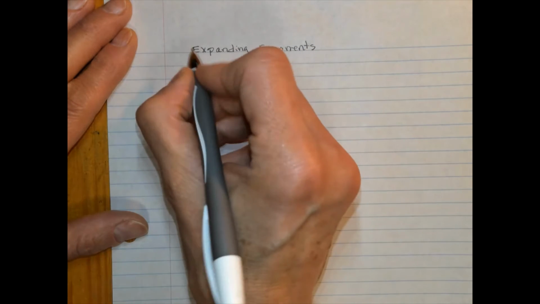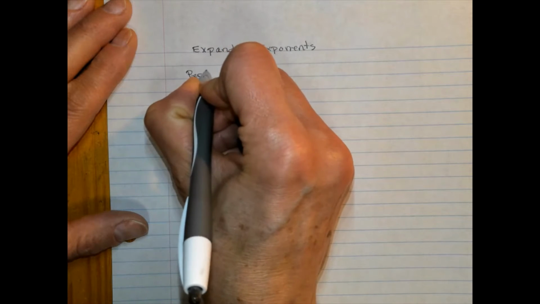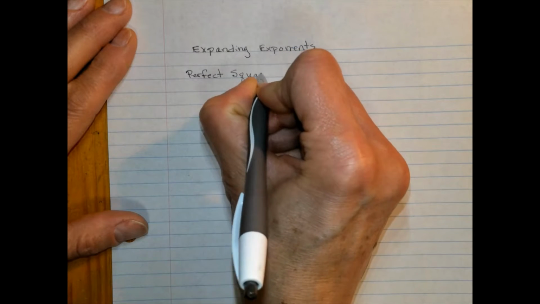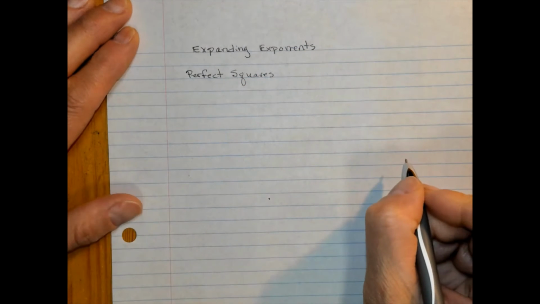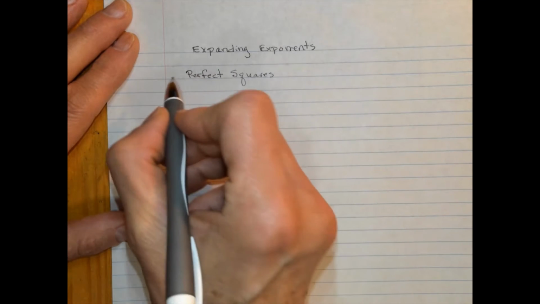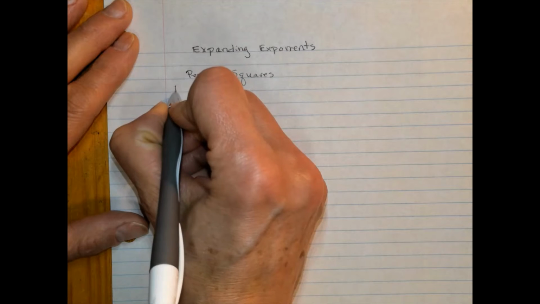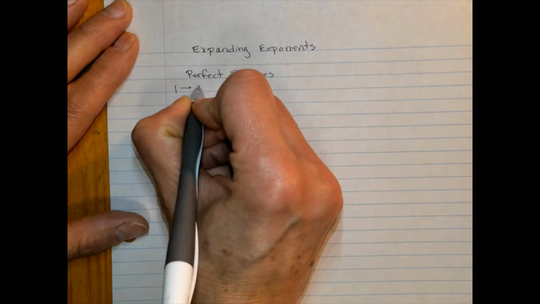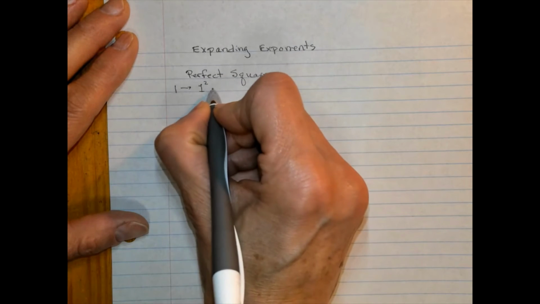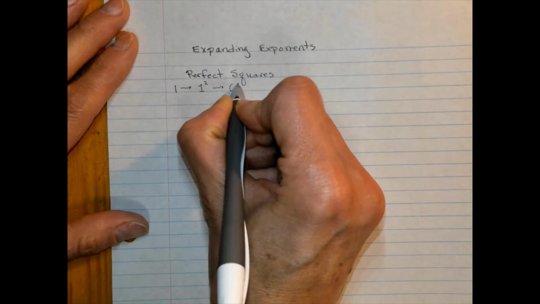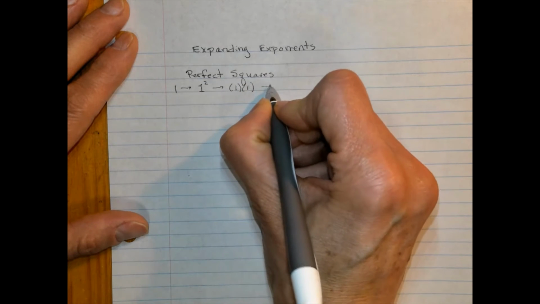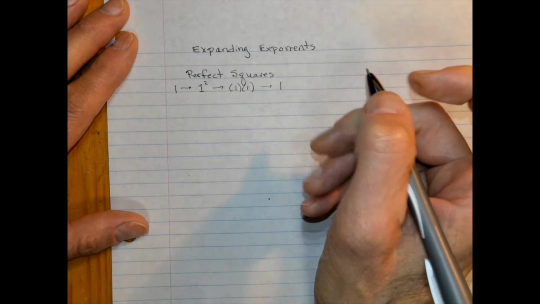Well, first of all, let's look at this thing called perfect squares. So what are perfect squares? How do I get perfect squares? Well, if I take any number, if I take 1 and I square it, that's going to give me a perfect square. So that's the same as 1 times 1. I've just expanded my squaring, which gives me 1. Well, that wasn't very exciting.